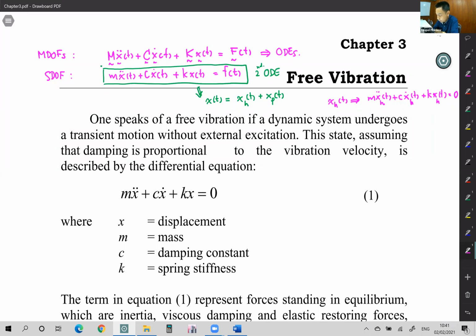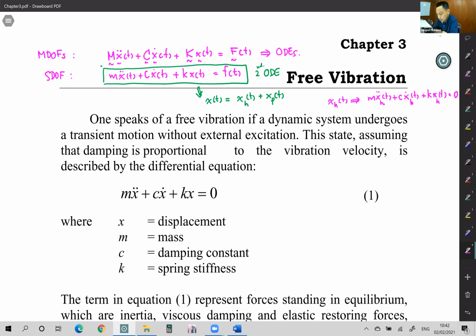The reason we have to discuss free vibration today is that, mathematically, it is an important part of the solution. To get the complete solution, you need to get the free vibration first. Why? Because when you solve the differential equation, you have to perform integrations. In this case, your differential equation is second order, so you have to integrate 2 times.